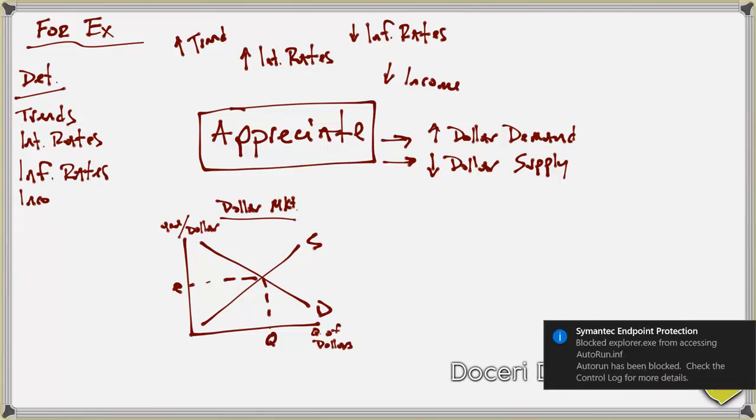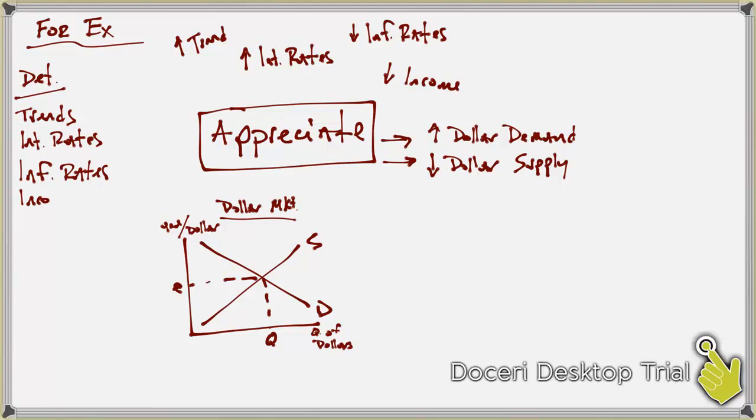Quick reminder, whatever goes on the bottom, which is quantity of dollars, has to match with whatever currency you're graphing. So I'm graphing the dollar market. So that means that quantity of dollars is on the bottom. And that means that on my vertical axis, dollar has to be in the bottom there as well.